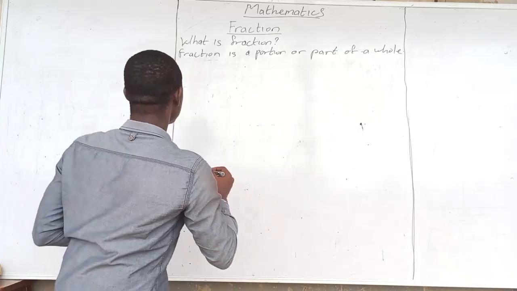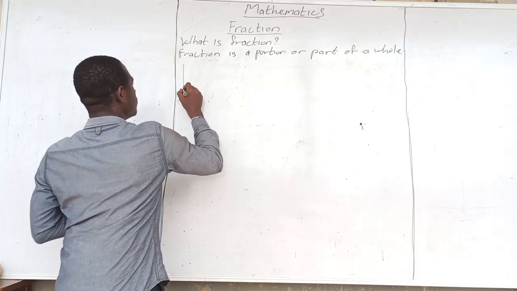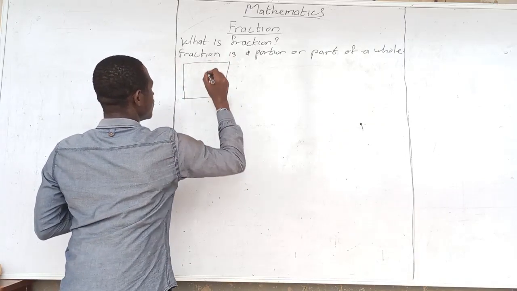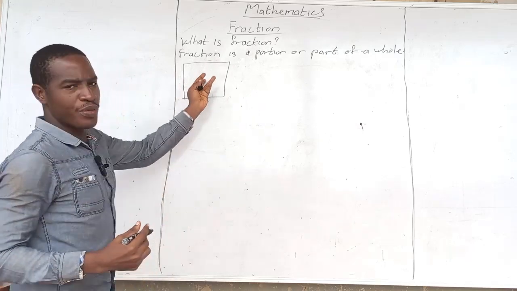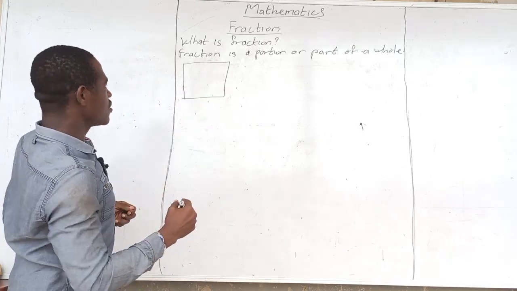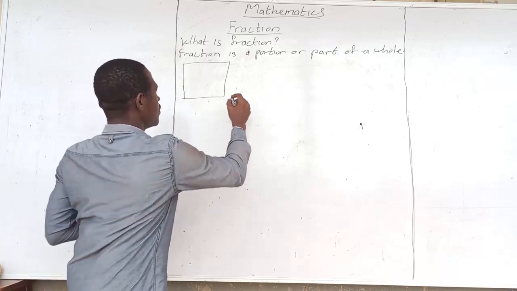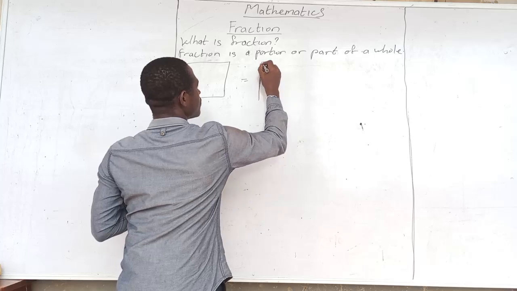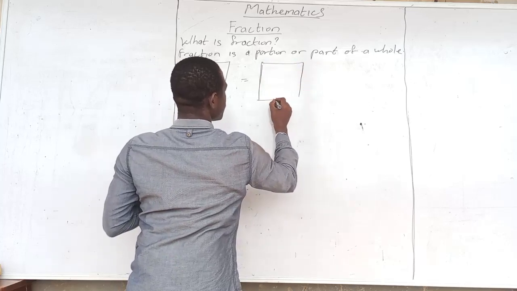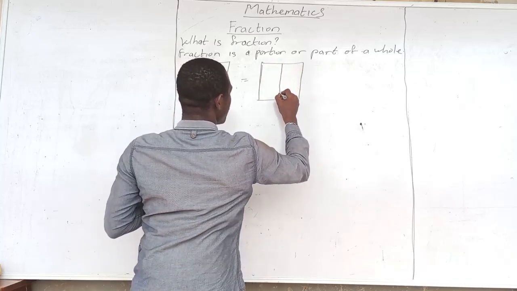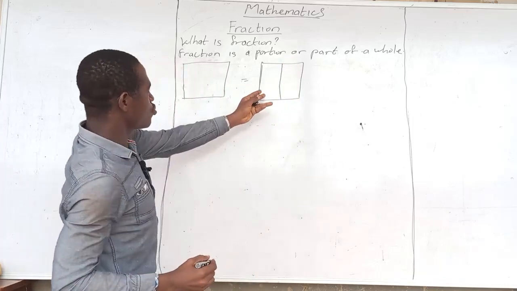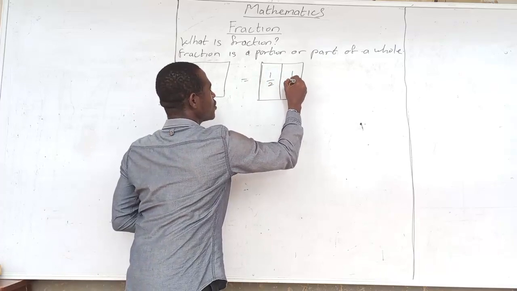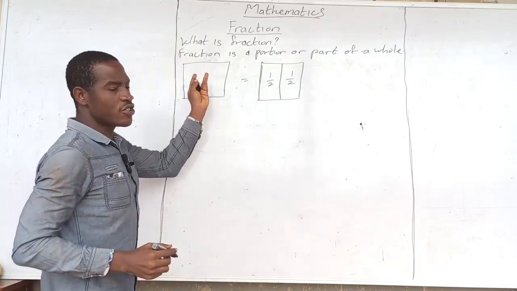What does that mean? Let's assume, with the diagram on the board, this is a whole. Now if you have to divide this, if you have to break this down, that will give us a portion of this. Let's say we divided this into two equal parts. Now we've gotten a portion of this whole.